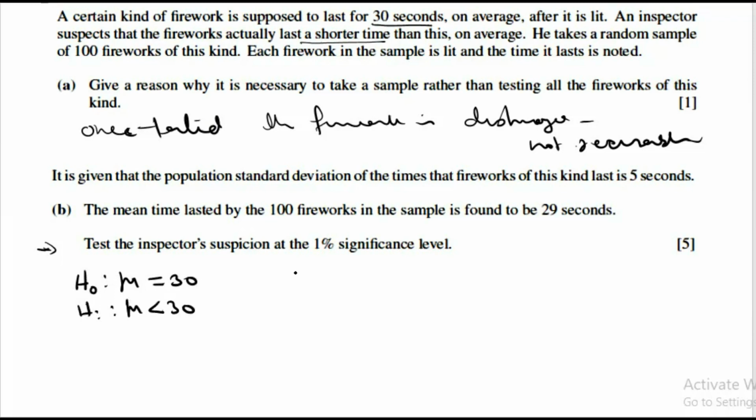Again, the random sample size is given to be 100. Your test stat X bar, when tested from a sample, was found to be 29. Population standard deviation is given to be 5 seconds. And alpha is given to be 1%.